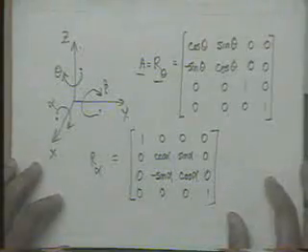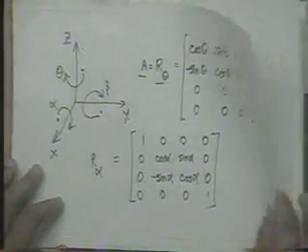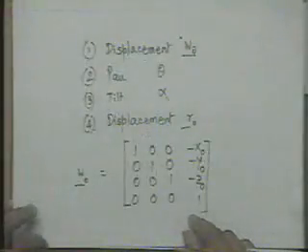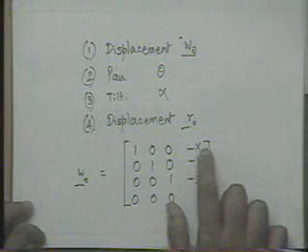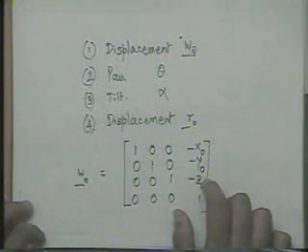Now, both these factors, pan and tilt, can be combined together in the form of a concatenated matrix which is R theta R alpha, if you remember our discussion in the earlier class. The question which is asked is why are we getting minus x0, minus y0 and minus z0?